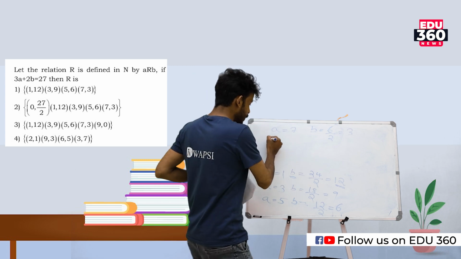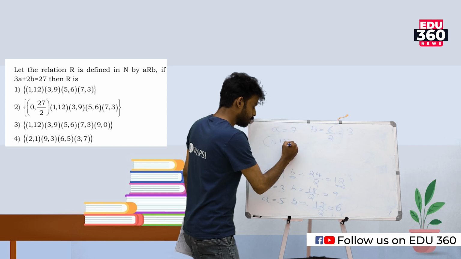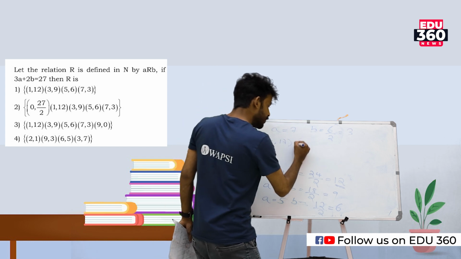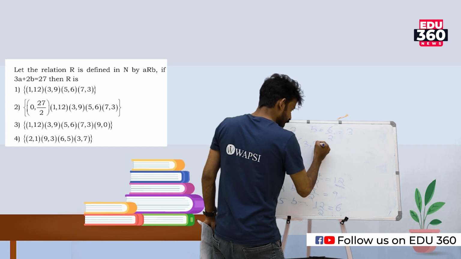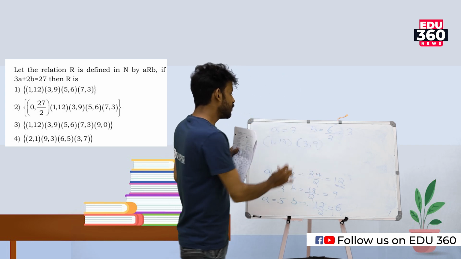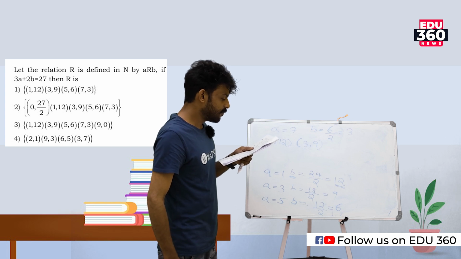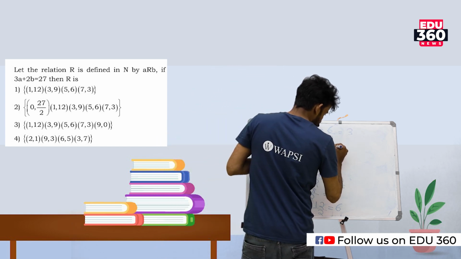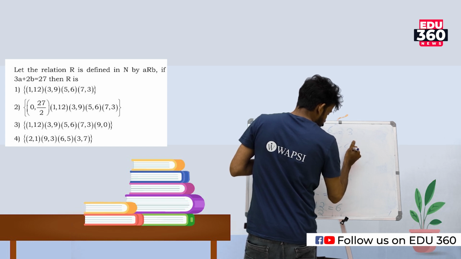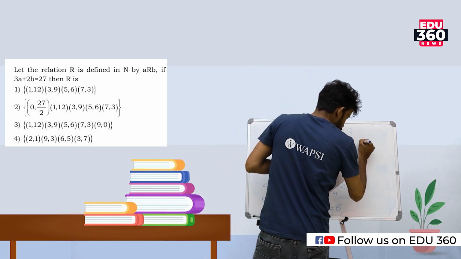So now look here. We can write this: (1, 12), (3, 9), (5, 6), and the last one, (7, 3).